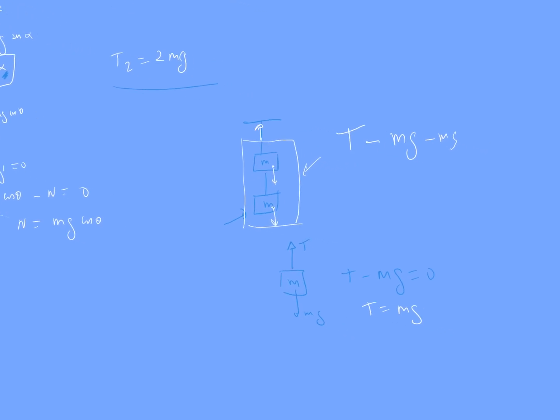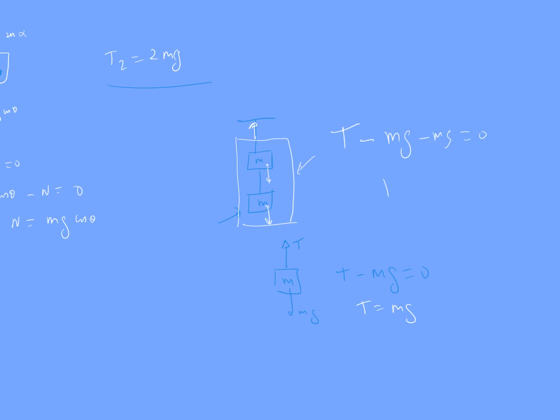And the sum will be zero, so the tension will be 2 mg. It's the same result that I found before. Well, that's the problem. Okay, let's go to solve this problem.